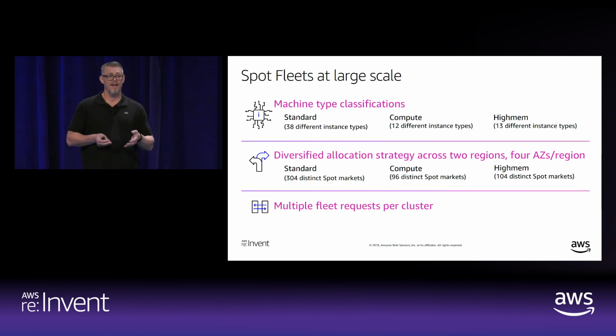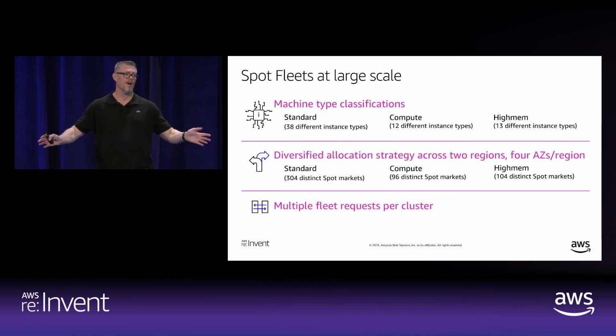When you use a diversified allocation strategy, you're basically configuring your fleet to start up in multiple spot markets in parallel. So you build into your launch spec a large number of spot markets that you're willing to accept resources from, and it will start up across all those different spot markets.